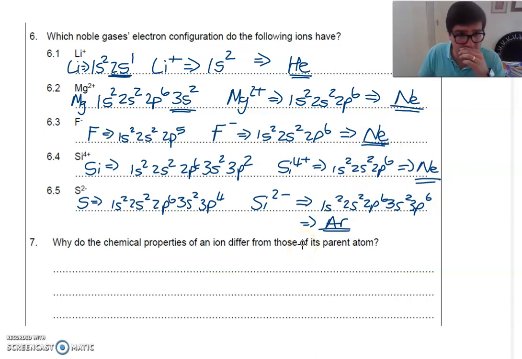Then question 7 says, why do chemical properties of an ion differ from those of its parent atom? Okay, what determines chemical properties? Chemical properties are determined by electron configuration.